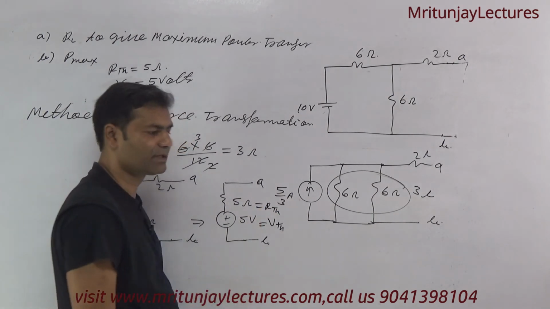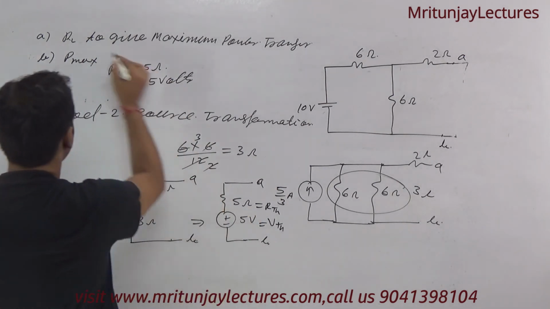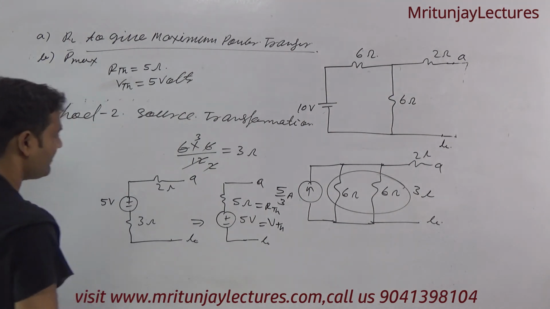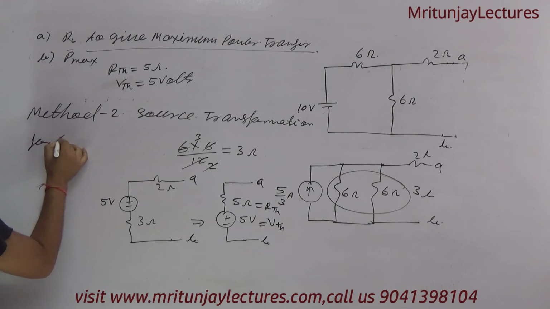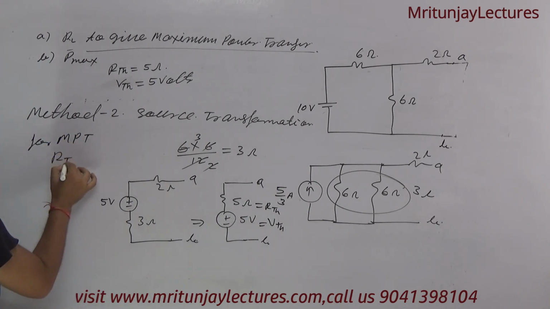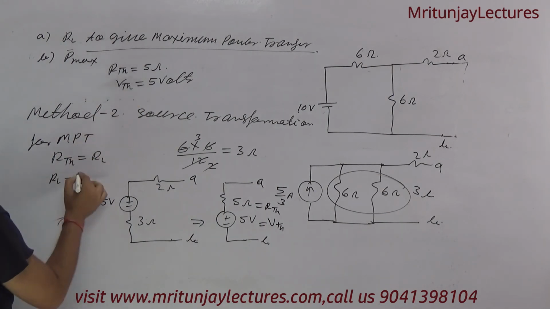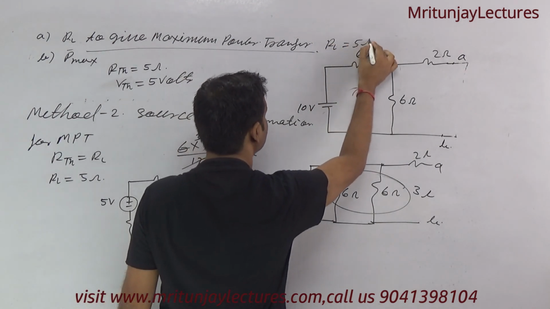After that, our motto is RL for maximum power transfer. For MPT, the maximum power transfer condition, RTH equals RL. So RL is written as 5 ohm. Clear?